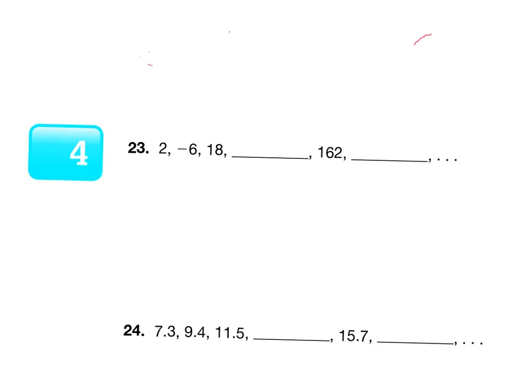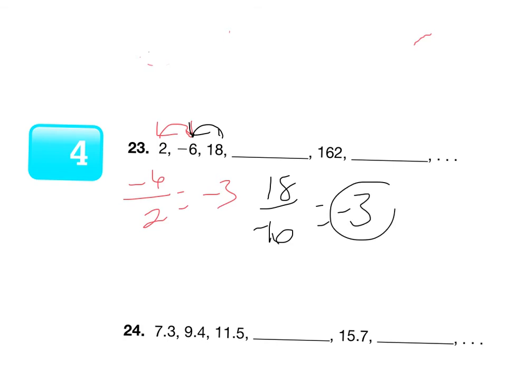So this one's adding. No, I don't think so. I think it's going to be geometric. So get this number and divide it by the first number, and that gives me -3. Then I try the next pair: 18 divided by the second number. That's also -3. So since we're dividing, it's geometric.